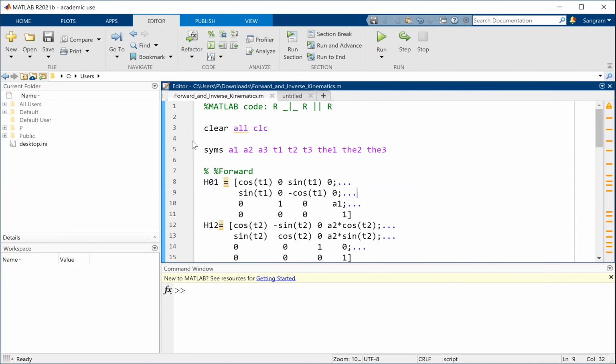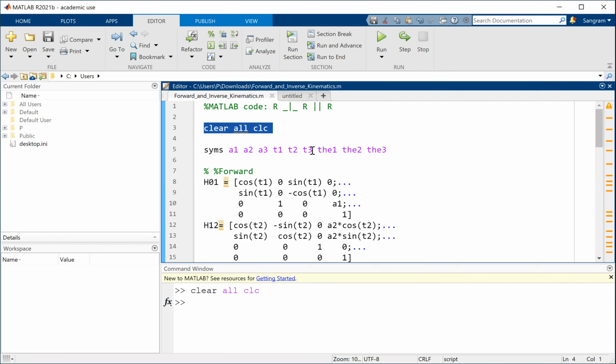Okay. So first, clear all, clc is going to clear everything. Now I'm going to create symbolic variables A1, A2, A3. They stand for the link lengths. T1, T2, and T3 are the joint angles, theta 1, theta 2, theta 3.